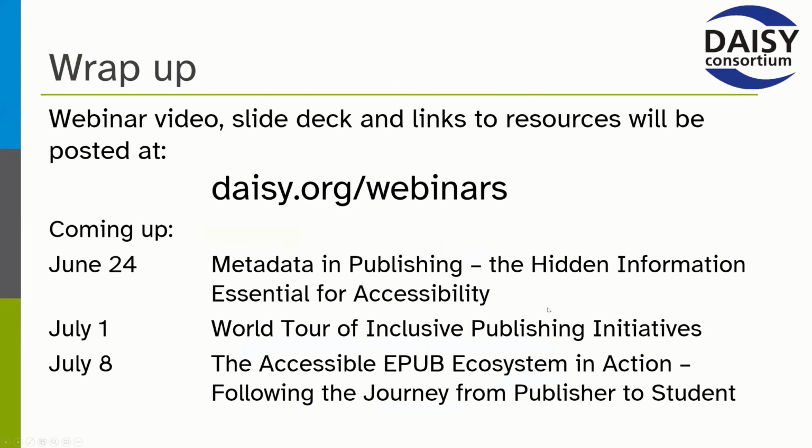We'll contrast these different approaches, and I anticipate an interesting discussion on which will be the most successful model in our world tour of inclusive publishing initiatives. On July the 8th, pack your bags, we're going on a trip as we follow the journey from publisher to student and experience the accessible EPUB ecosystem in action.